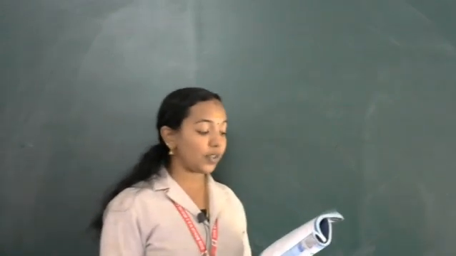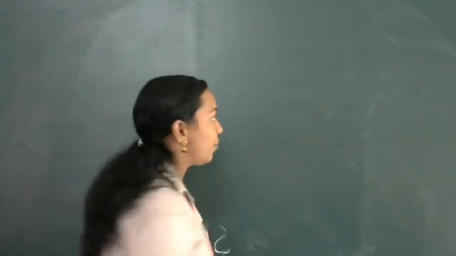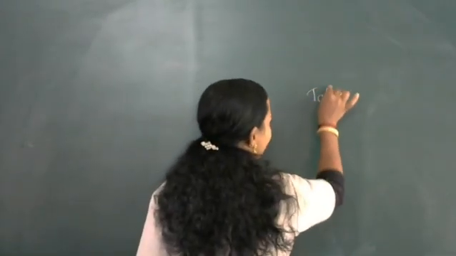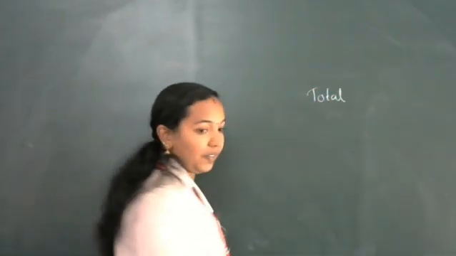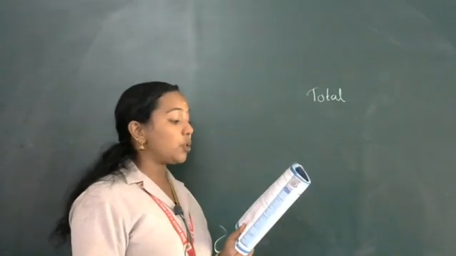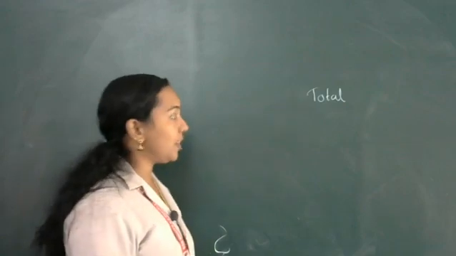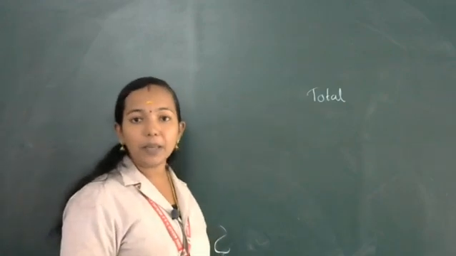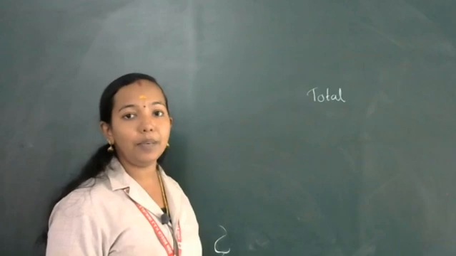So look at the first question. What will be the function name? The function name will be total. It takes two double arguments, so the input data types will be double.